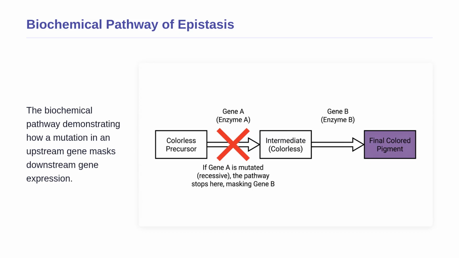Then gene B produces an enzyme that converts the intermediate into a final colored pigment. If gene A is mutated and recessive, the pathway stops at the very first step. It does not matter if gene B is perfectly functional. There is no intermediate for it to work on. This is the physical reality of epistasis.